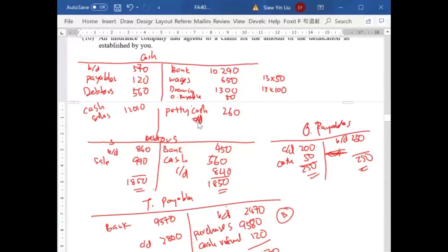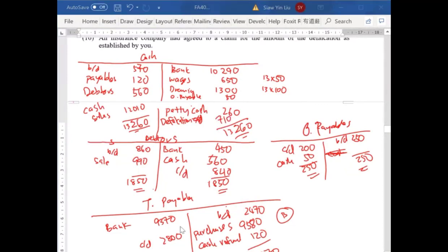So this one we don't call it carried down, we call it defalcation. Get it? If you total up, here is 13,260, and if you minus, you'll see the defalcation will be 710.